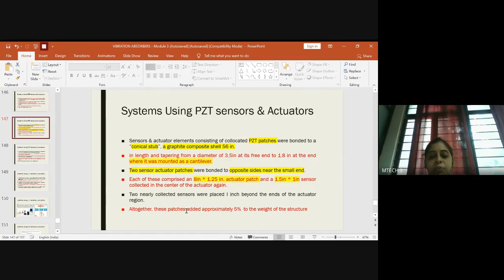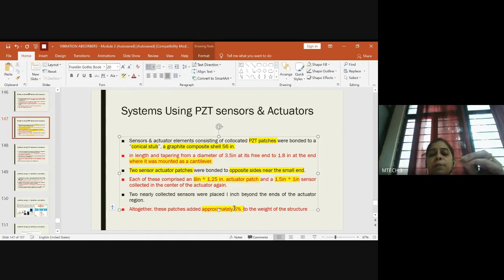The patches we add usually add some weight. The weight of these patches was approximately 5% of the weight of the structure. So it added 5% extra to the weight of the structure. The weight of the structure here is nothing but the cantilever. The thinner the cantilever is, the more free degrees of movement it can have, right?